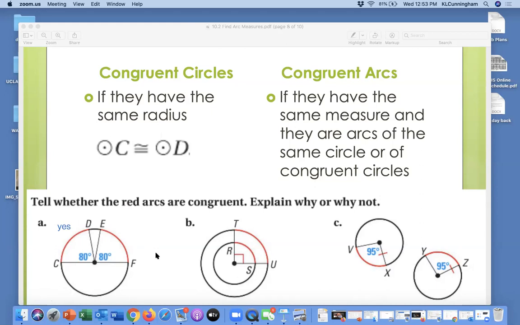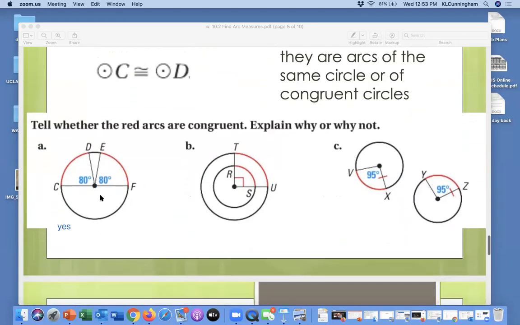Explain why or why not. Yes. I want to scroll down a little bit so I have more room to write. Yes. Same circle and congruent central angles.